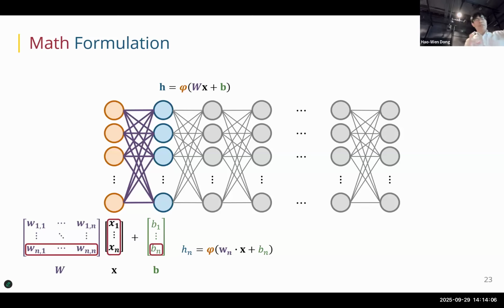The difference between CPU and GPU, think about it, is like this. For a CPU, if you want to compute the dot product between this and this, you have to go through W11 times X1, W12 times X2, all the way to W1n times Xn, and then you have to go through the n by n computation. But for a GPU, each single unit is doing part of the computation. It's parallel computing, a huge number of computations all at the same time.